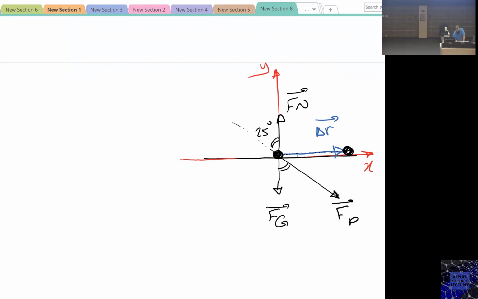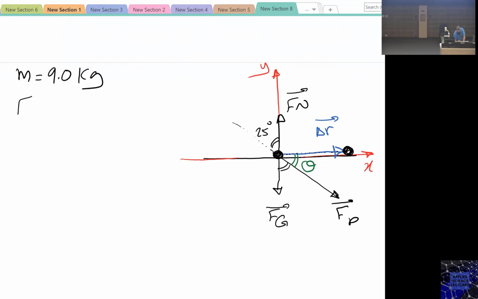So where is this angle? It is here. This is the angle that I need to use when I calculate the work. So let's put what I have here. I do have the mass as 9 kilograms.